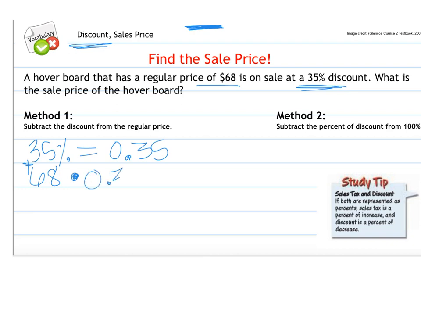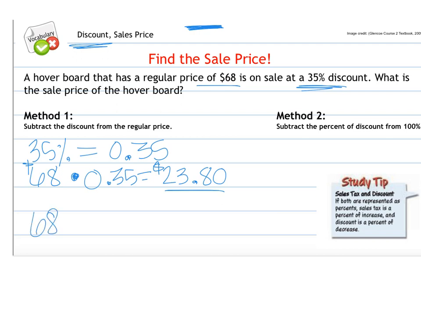So $68 times 0.35 is 23.8, and I'm going to add a 0 to make it $23.80. This is how much is going to be taken off of the price. It's not how much we're going to pay.